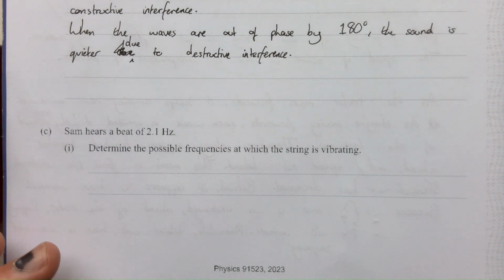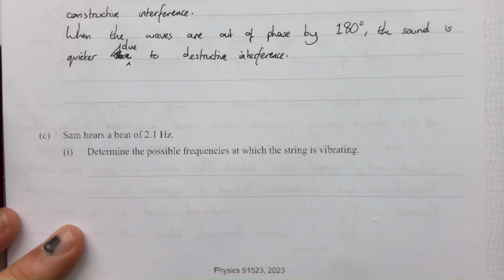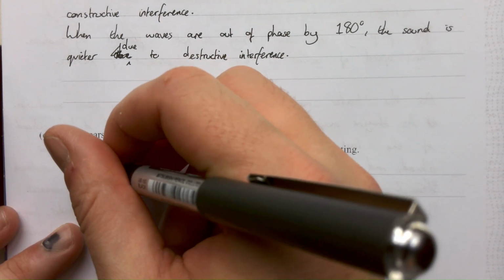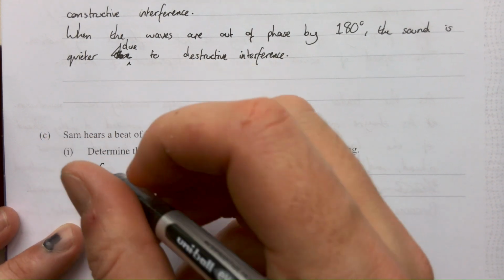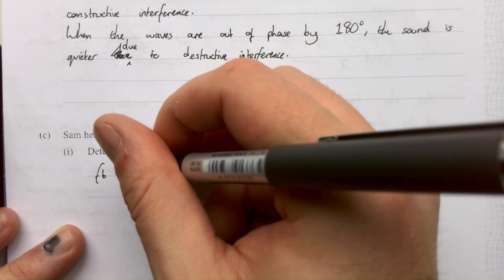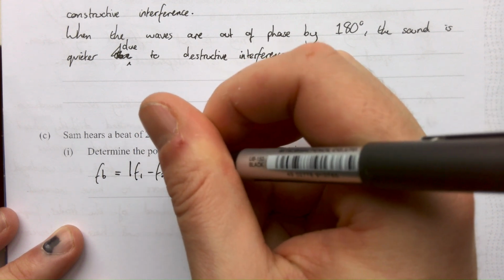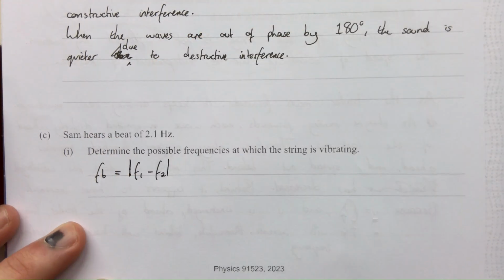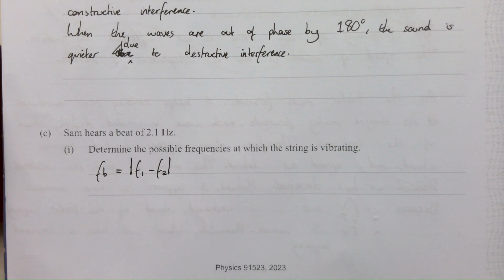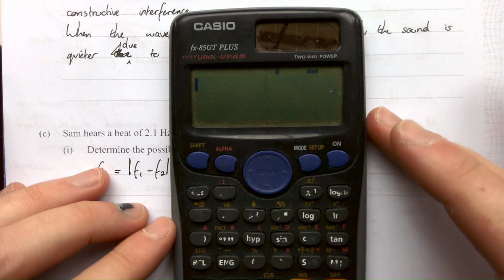Now, we're not told this equation, the beat equation, so this is maybe something to write down in your resource sheet at the very start of the exam in case it comes up: f_B, meaning the frequency of the beat, is equal to the magnitude of f1 minus f2. For those that aren't familiar with this symbol, these two vertical lines on a calculator, mine's no good because they're all rubbed off.